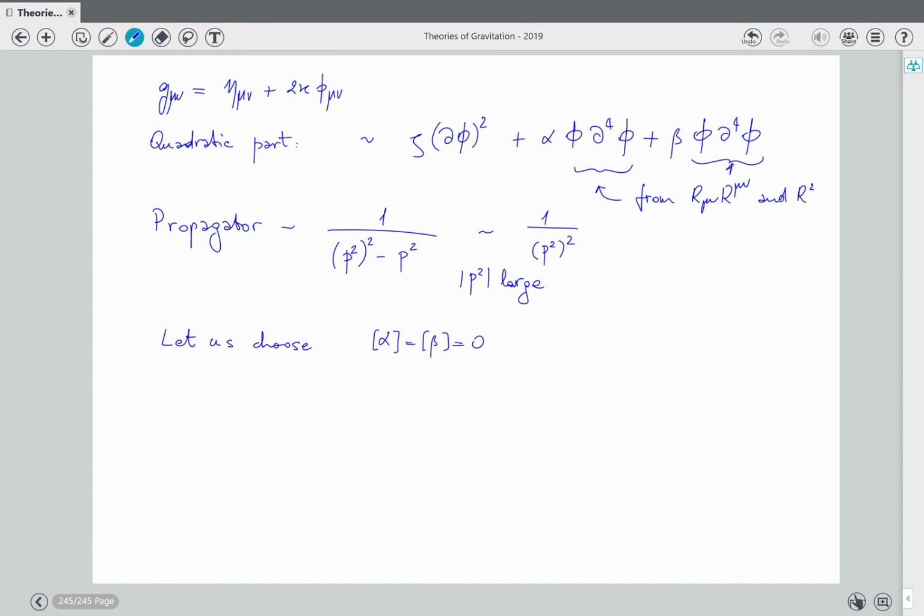Now the question is, okay, alpha and beta, we have said they are numbers, they have dimension 0. Then what is the dimension of this? It must be 4, but this has 4 derivatives, which means that the dimension of phi is 0 now. So the scalar field has dimension 0. If the scalar field has dimension 0, this has dimension 2, so zeta has dimension 2.